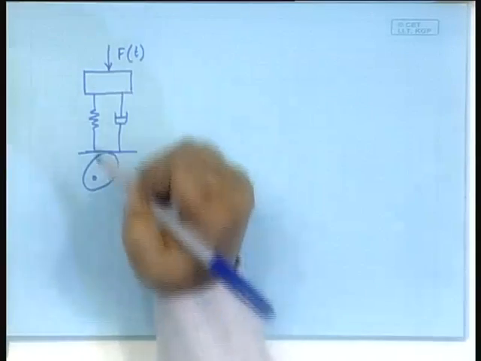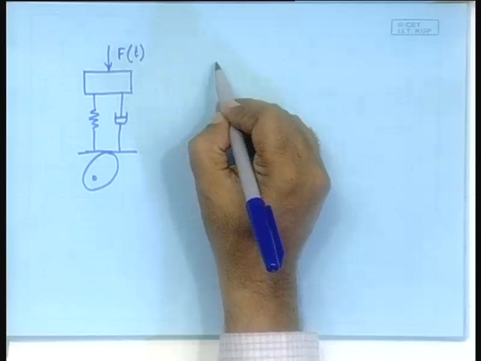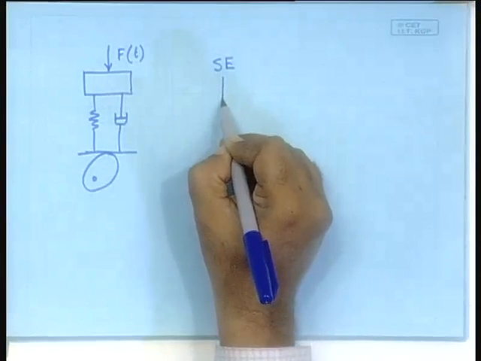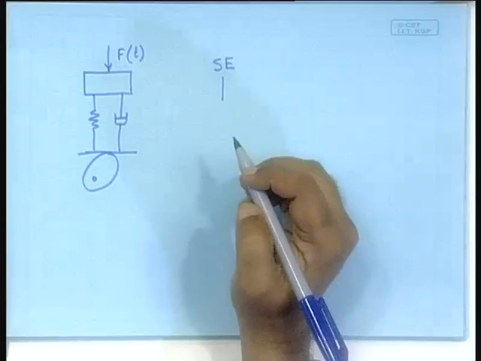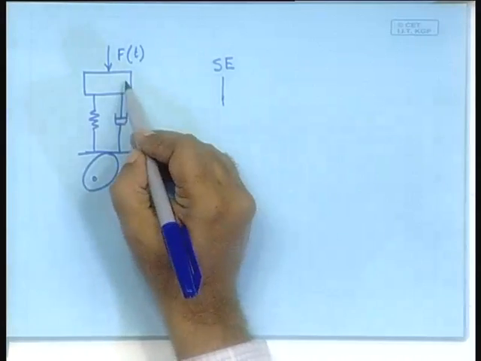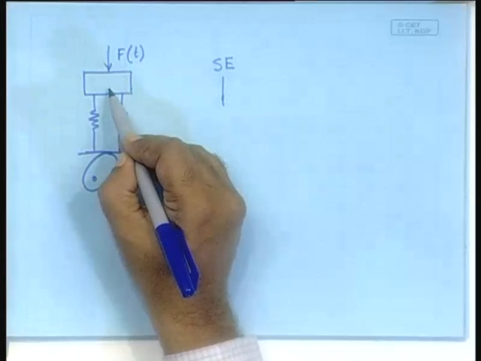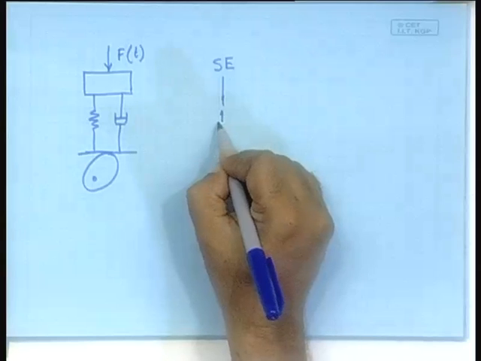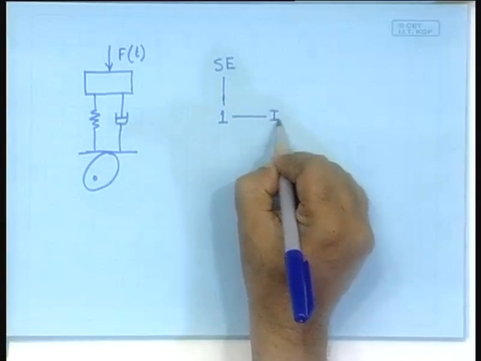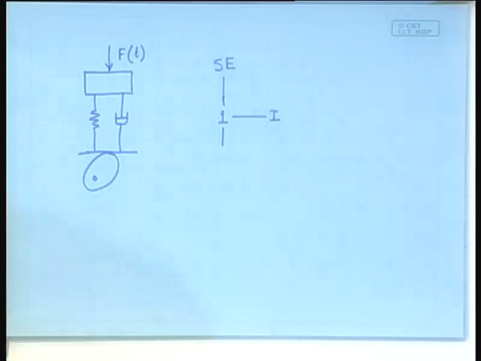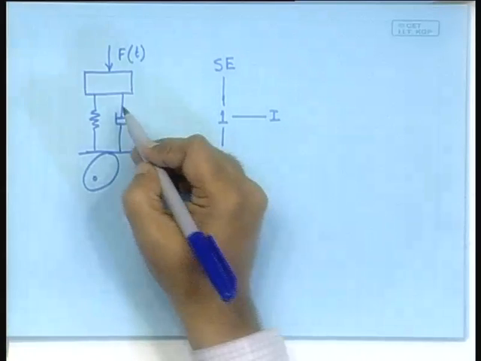Let us start from the top. We will say that here we have an SE element. Now, the SE element Ft shares the same flow with the mass. Therefore, it should be a 1 junction connected to the I element and to the rest of the system. Now, what is the rest of the system?